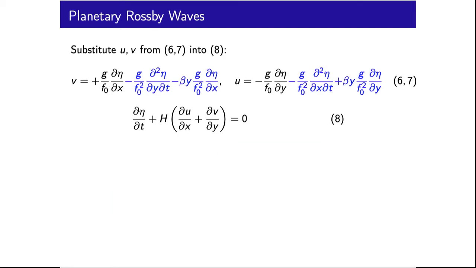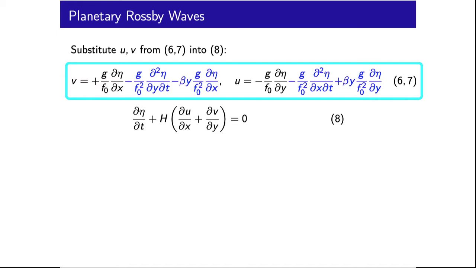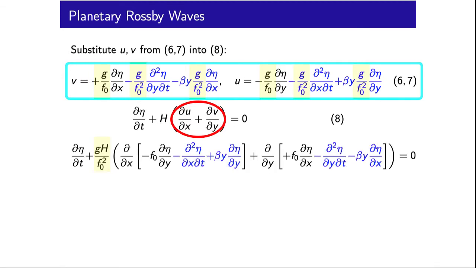We now want to substitute the geostrophic plus ageostrophic velocity terms for u and v back into the horizontal divergence part of this new equation. Gravity on f squared is a common term that we can pull out, leaving this expression for the depth integrated continuity of geostrophic plus ageostrophic velocities. Now we can expand this out. We can already see that there will be some common terms that cancel.